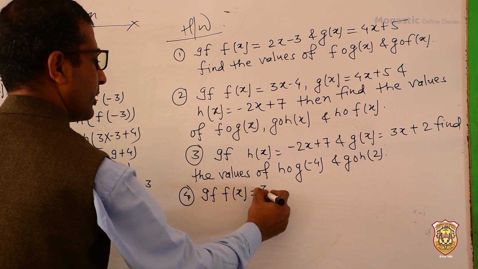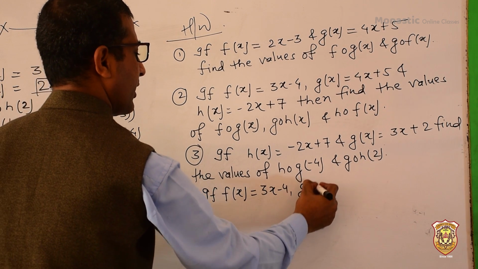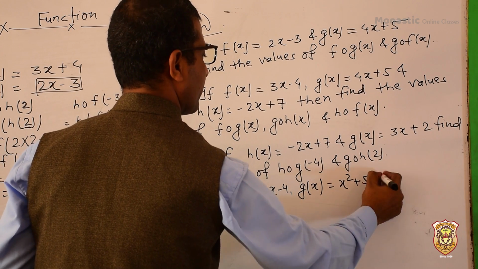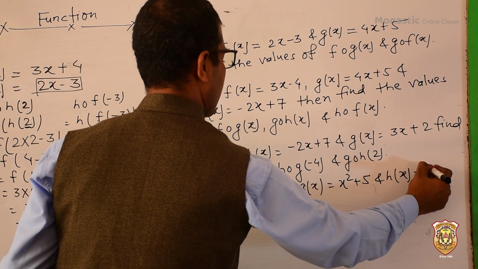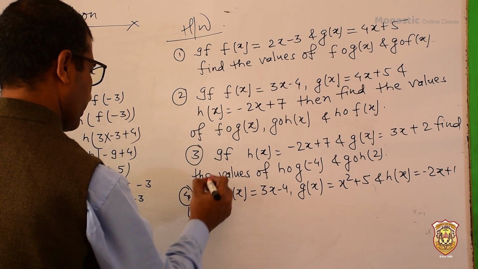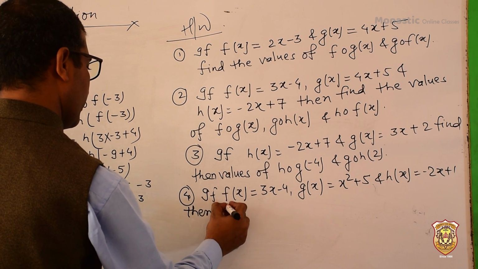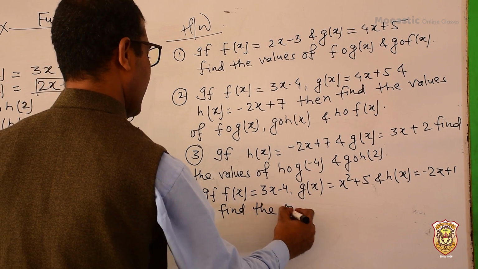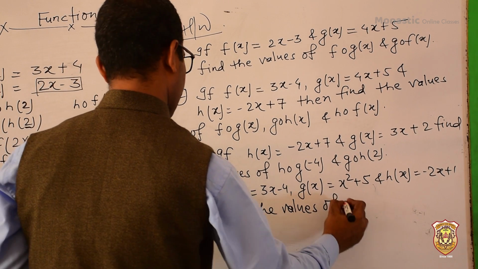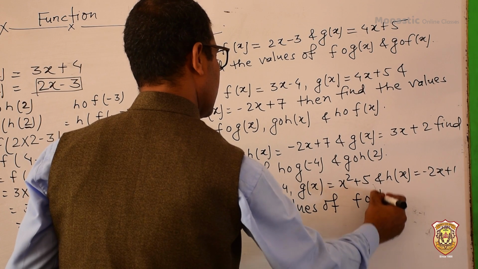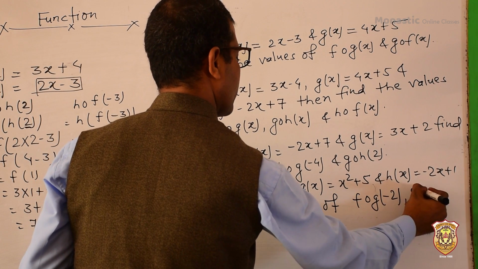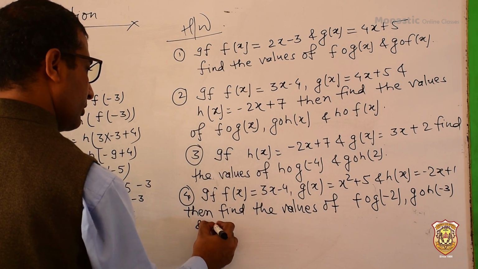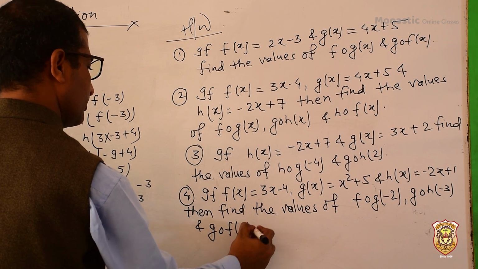F of x equal 3x minus 4, g of x equal x square plus 5, and h of x equal minus 2x plus 1. Then find the values of f circle g of minus 2, g circle h of minus 3, and g circle f of 2.